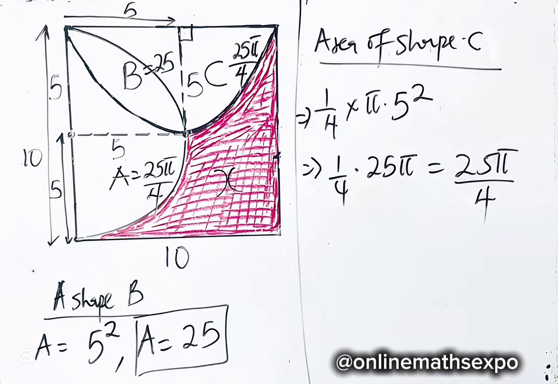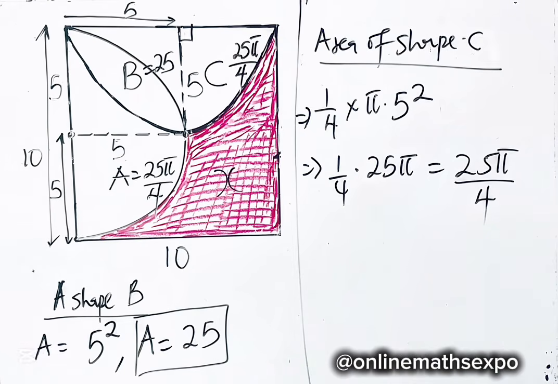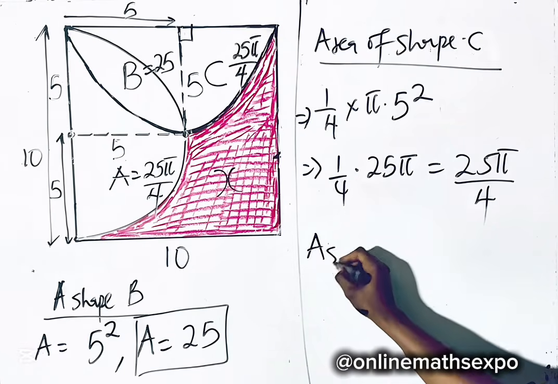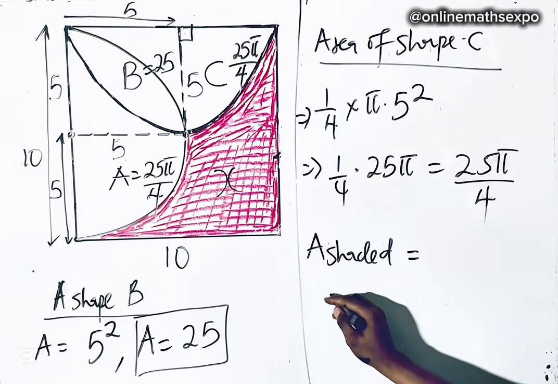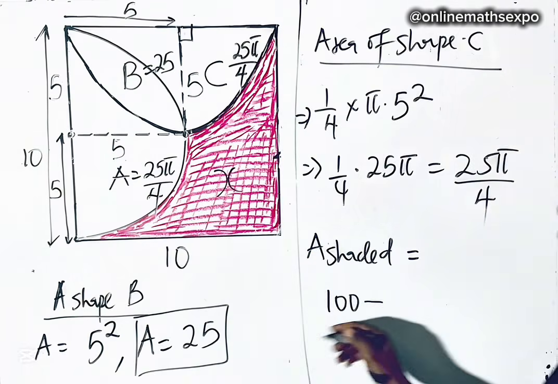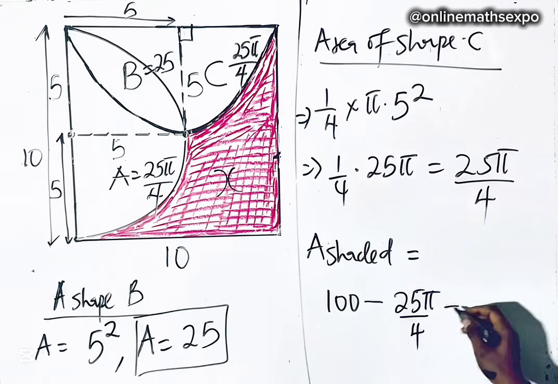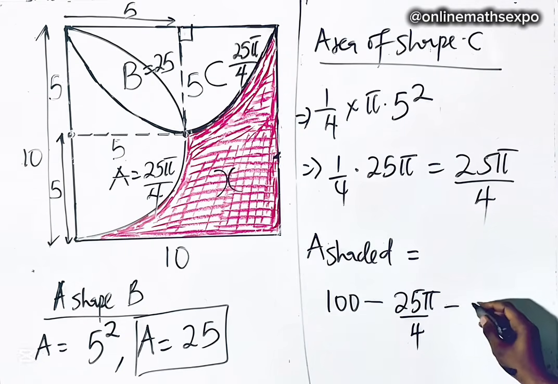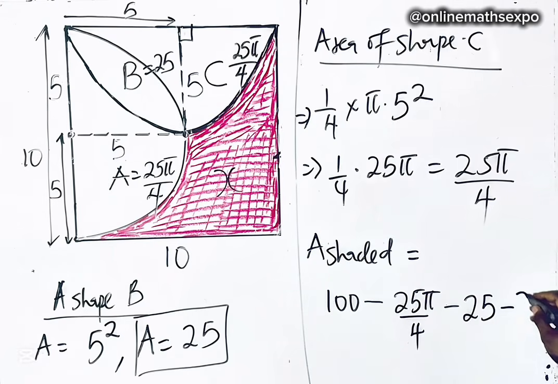Now that we have found those areas, we can now find the area of the shaded region. It means that the area of the shaded is the same as the area of the big square, which we said is 100, minus the area of shape A, which is 25 pi over 4, minus the area of shape B, which is 25, minus the area of shape C, which is 25 pi over 4.